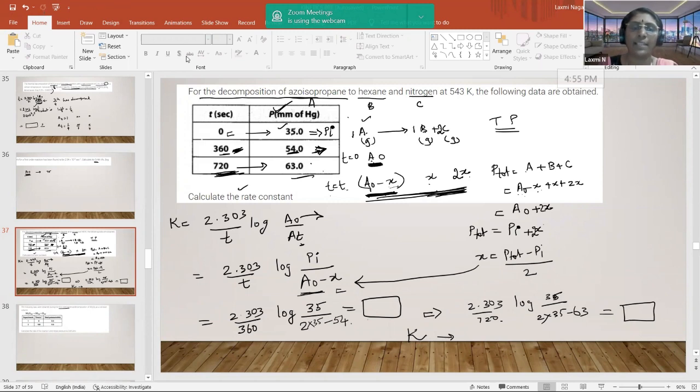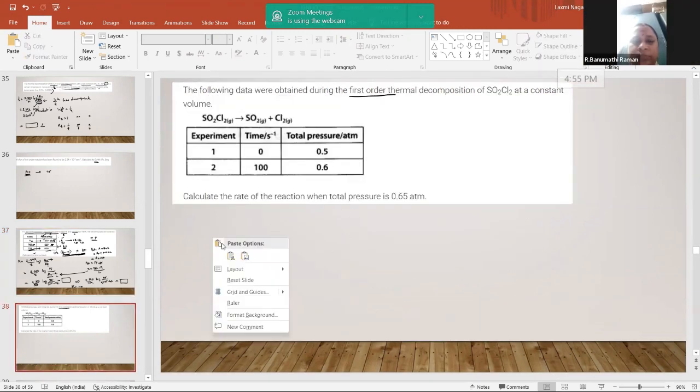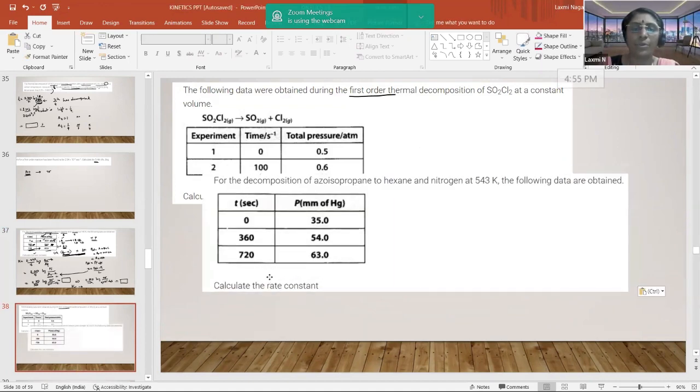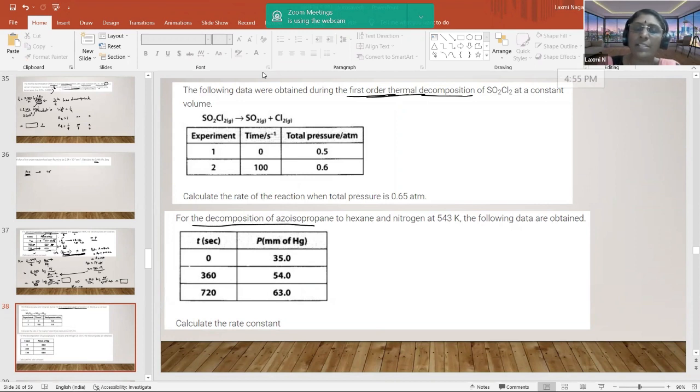So let me just take it. If you see, in contrast, here it says the following data were obtained during first order thermal decomposition. Whereas the previous question never said it is a first order reaction. So you were to attempt with zero order, then first order.